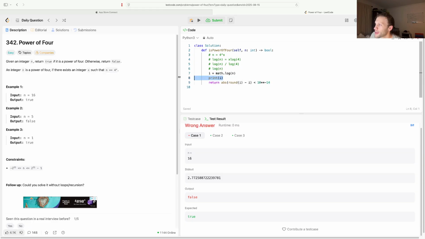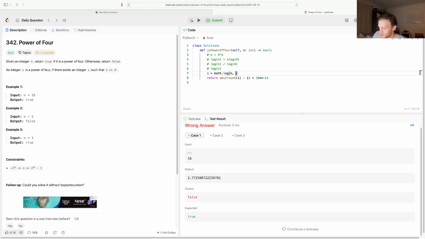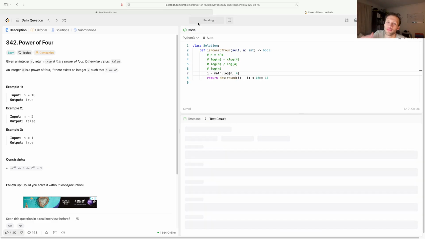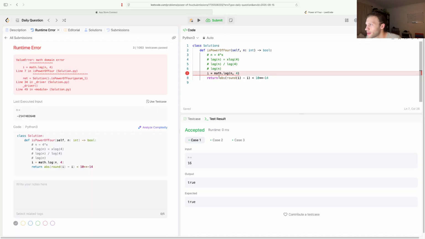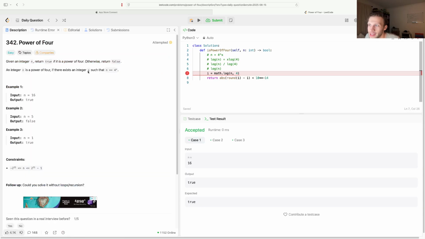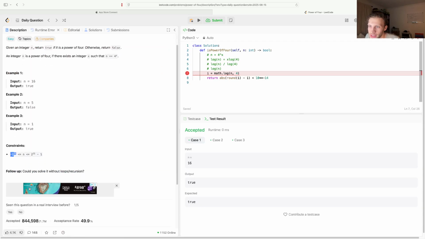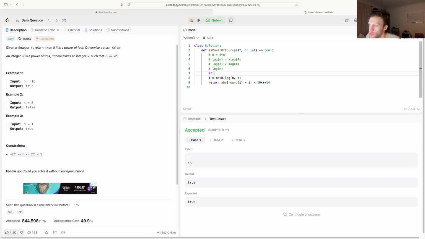I keep forgetting to take base 4 here. Okay, you have to use base 4 because of the logarithm. See that? Math domain error, and I got this wrong last time too.